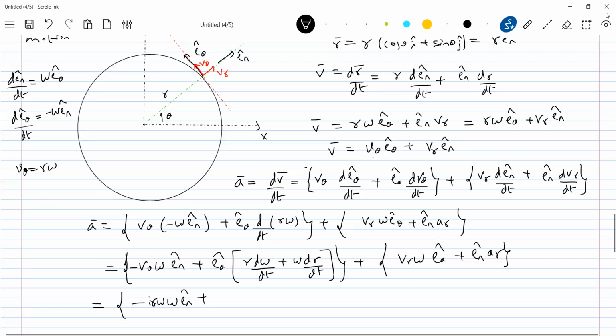Now this will be r into e theta cap. What is d omega by dt? We'll write that as alpha, no? So one more step: E theta cap r into alpha plus omega into VR.